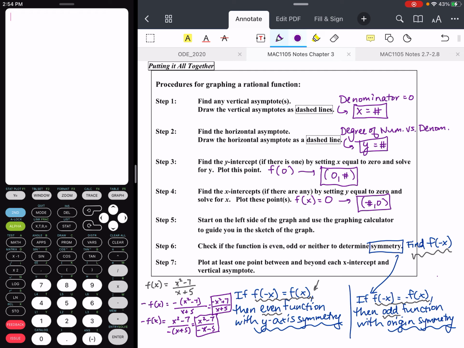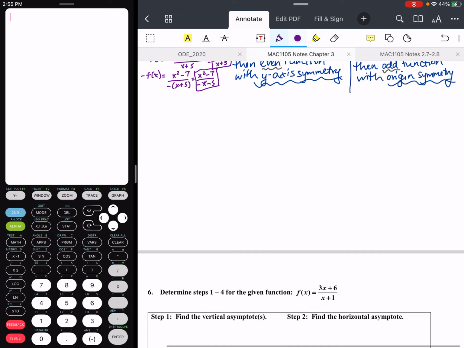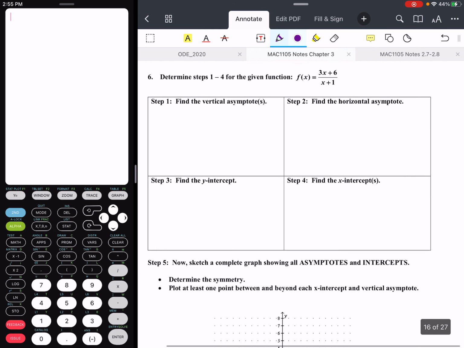And a third way to write negative f of x could appear as just a negative out in front of the entire fraction and then leave everything else the same. I just want to point that out because sometimes it's a little bit trickier to spot these odd functions. Okay, and then step 7, plot additional points between and beyond each x-intercept and vertical asymptote. So we'll get the hang of that as we go.